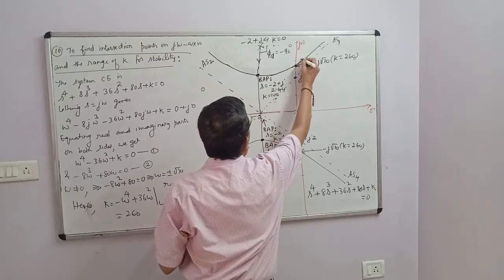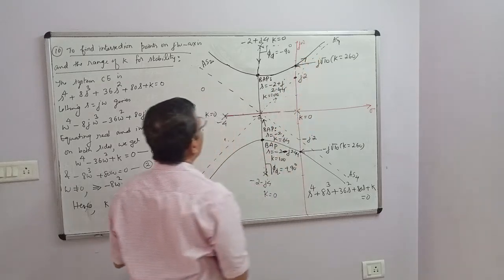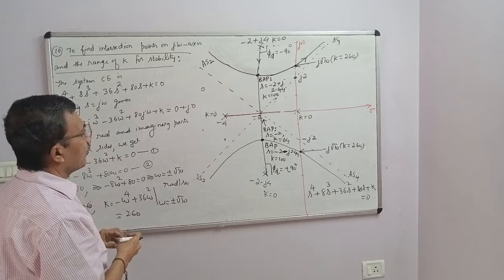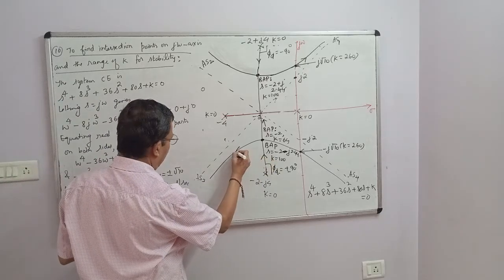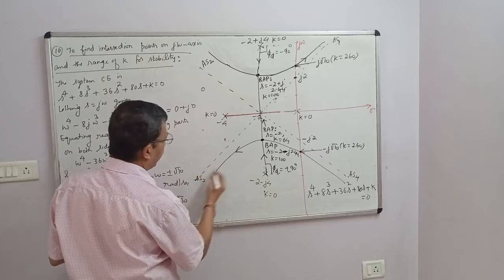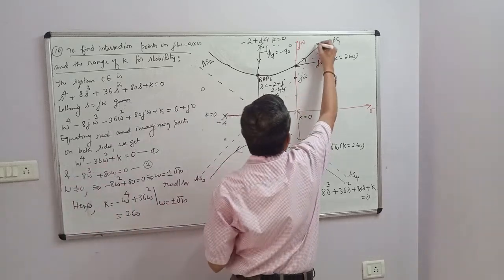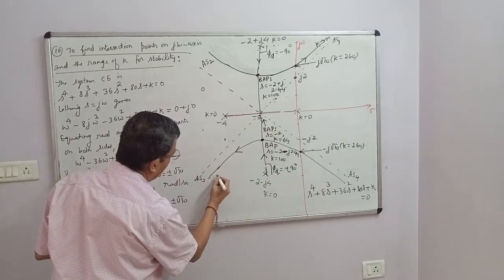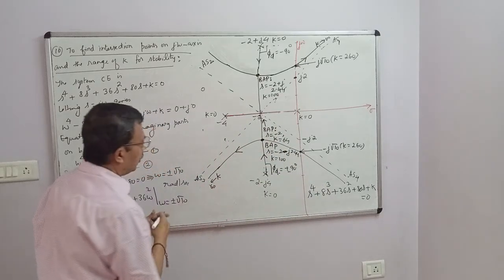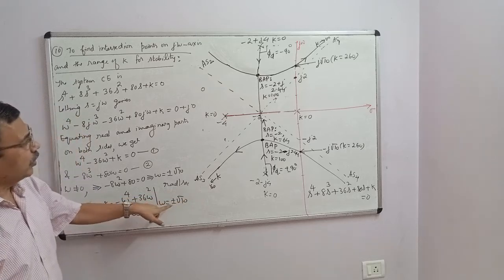Let us assume that it takes asymptote AS1, and this pole takes asymptote AS3. That means this goes towards k tending to infinity. The root locus should be parallel to the asymptote.